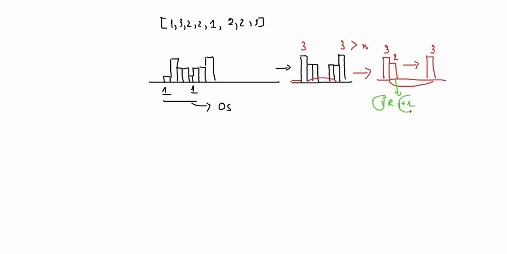We have already found that if the next value is smaller than the current one, we just need to clear the buffer, or the stack, right?